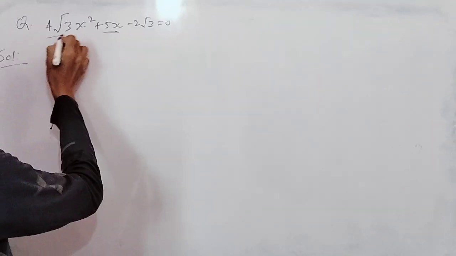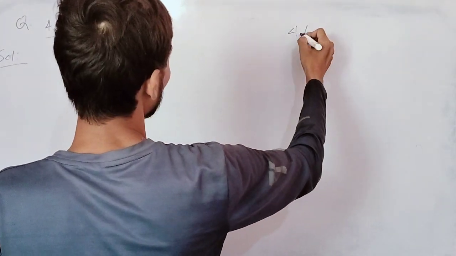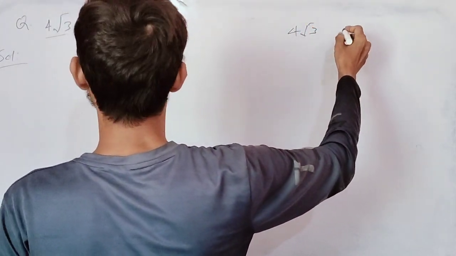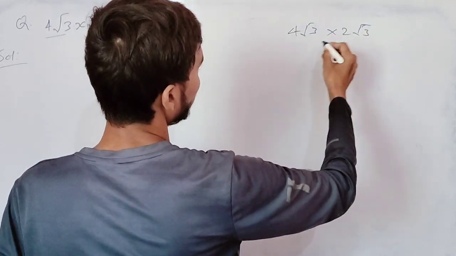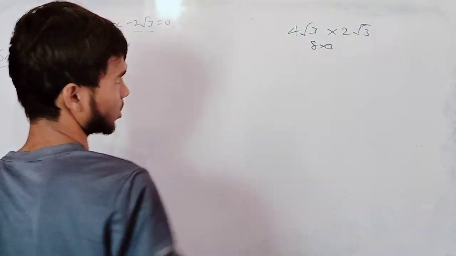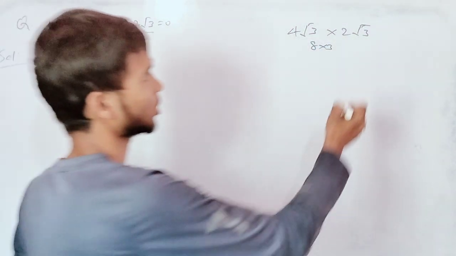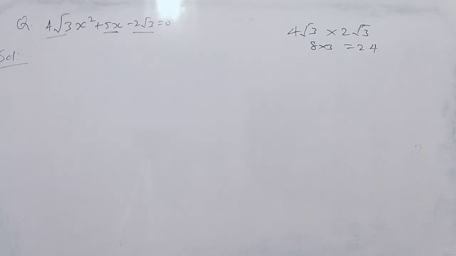When we will multiply this with this, then we will get 4 root 3 times 2 root 3. Here 4 times 2 is 8, and 8 times 3 is 24. We want 24.